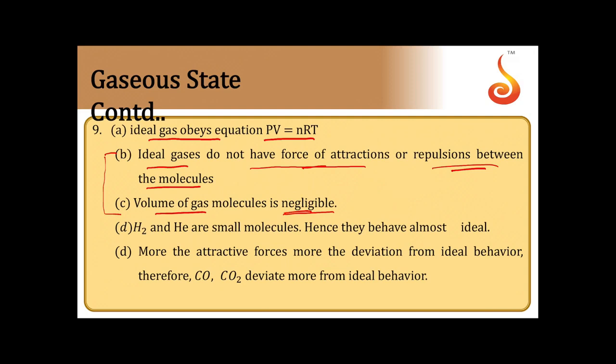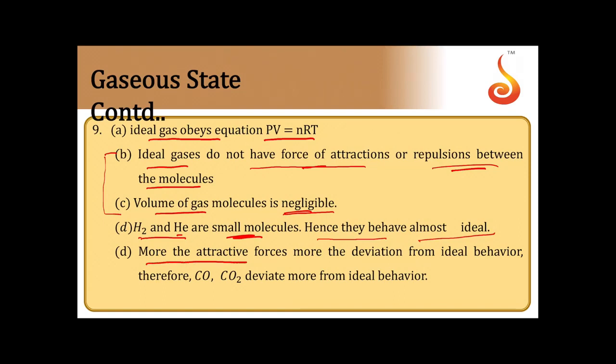When you see H2 and helium, two smaller molecules, hence they behave almost ideal. Because if you have larger molecules, then because of their larger size, they are going to have more van der Waals forces. When they have more van der Waals forces, they are going to deviate from the ideal behavior. Hence, H2 and helium, being two small molecules, always behave in an ideal state.